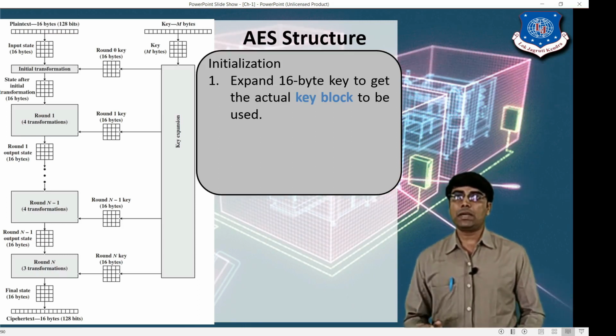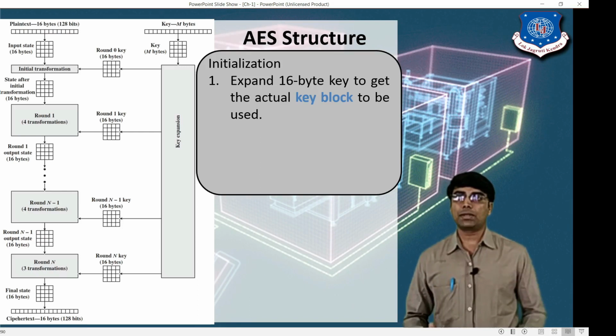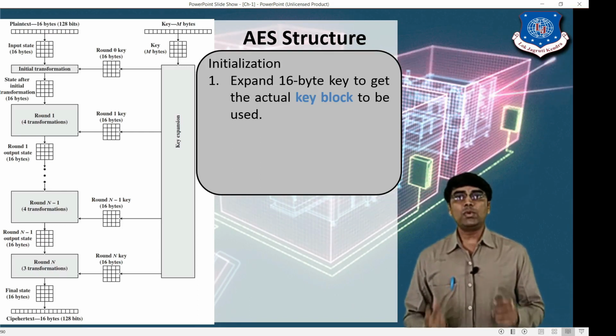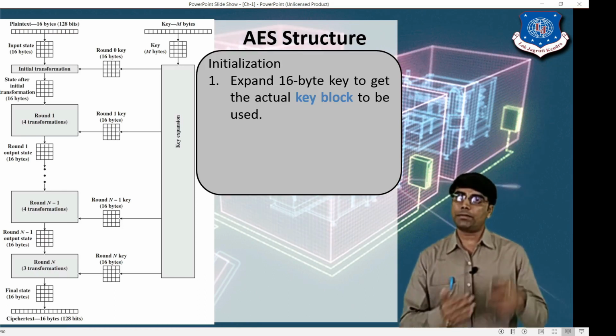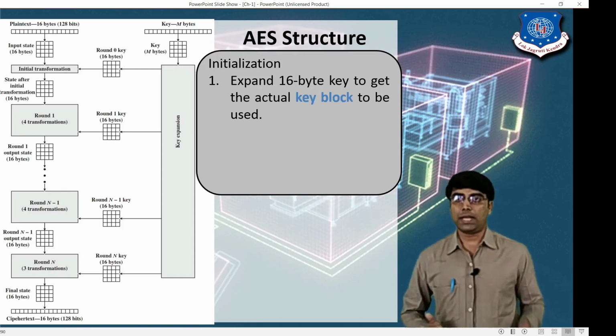The state is one matrix, and why do we use this matrix? We can store the intermediate result of input and output. That's why we need a state over here.